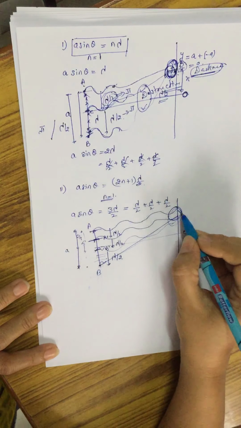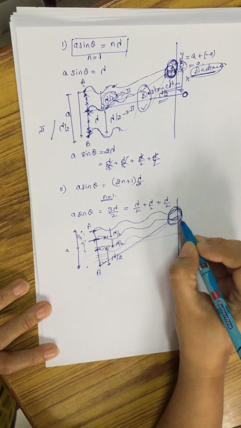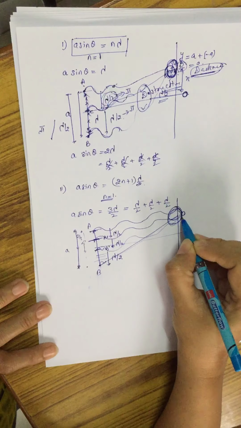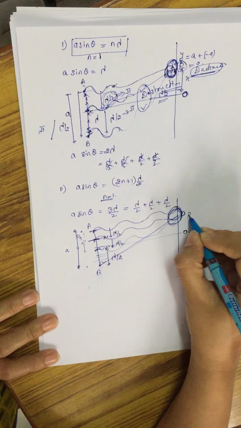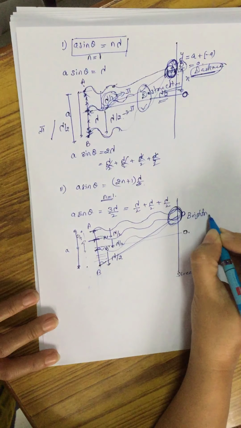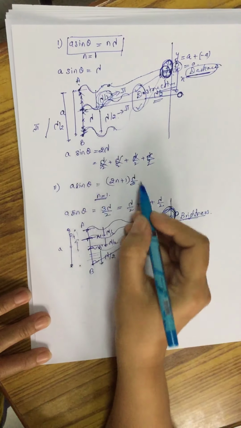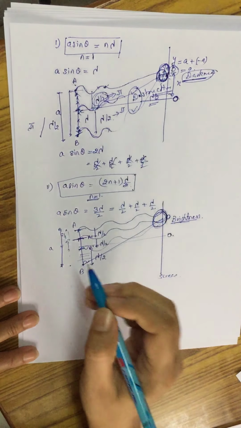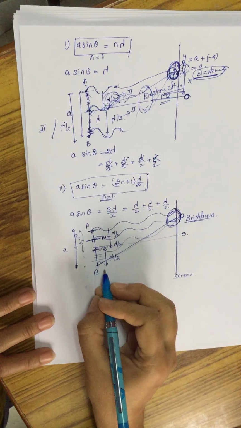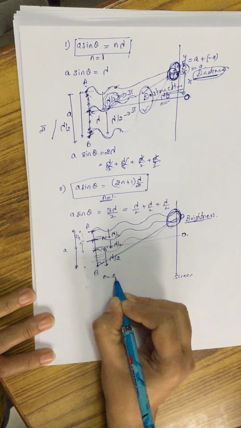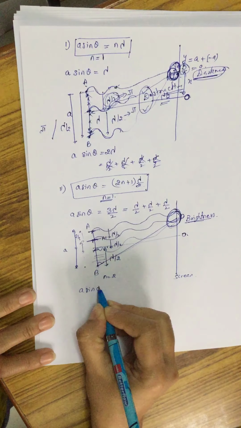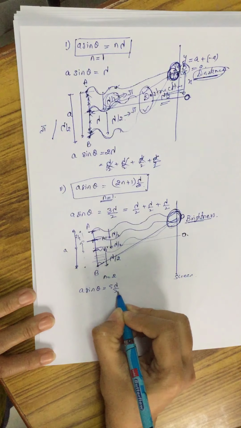It means some sort of light is coming at the point P, which is not undergoing destructive interference. Hence, we obtain some sort of brightness here. Hence, the condition for the brightness is a sin theta is equal to (2n plus 1) lambda by 2. If n is equal to 2, a sin theta is equal to 5 lambda by 2.